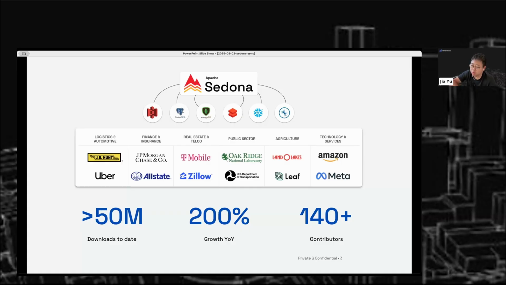So far, the overall downloads of Sedona have exceeded 15 million. The monthly downloads have exceeded 2 million per month. And we have over 140 GitHub contributors. So if you are interested, you can always participate in the Sedona community and contribute back to the software.